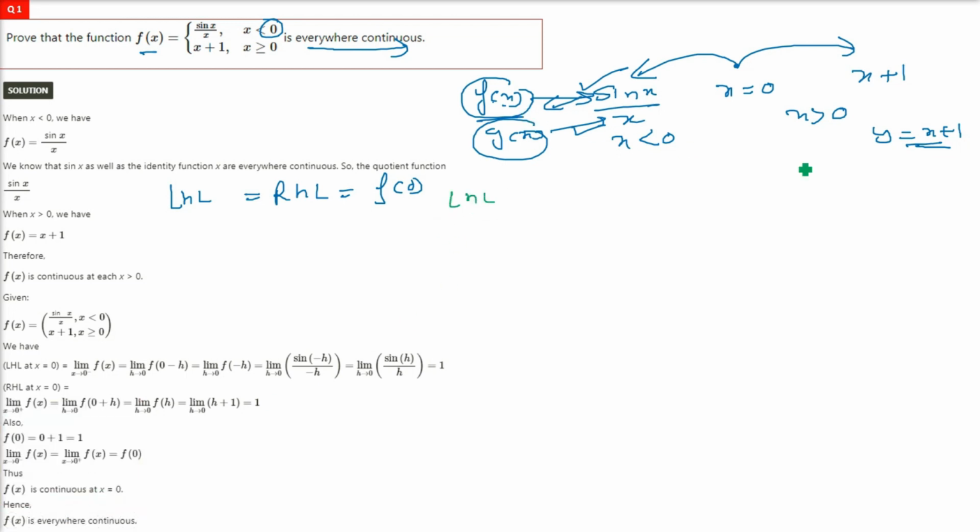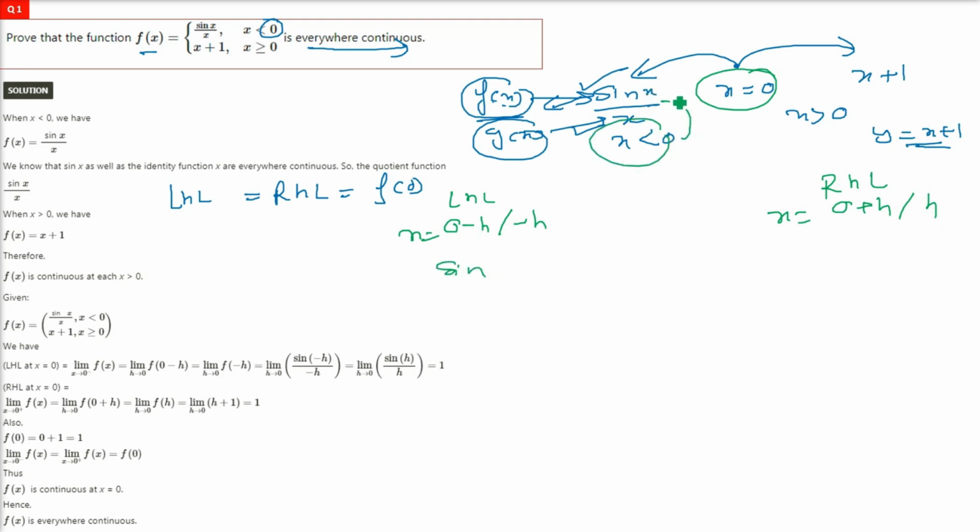LHL is on the left, that is 0 minus h. RHL is 0 plus h. So for the LHL we take x as minus h, and for the RHL we take x as 0 plus h, so you can take it as h. Now just put this minus h in sin x by x, for x less than 0.